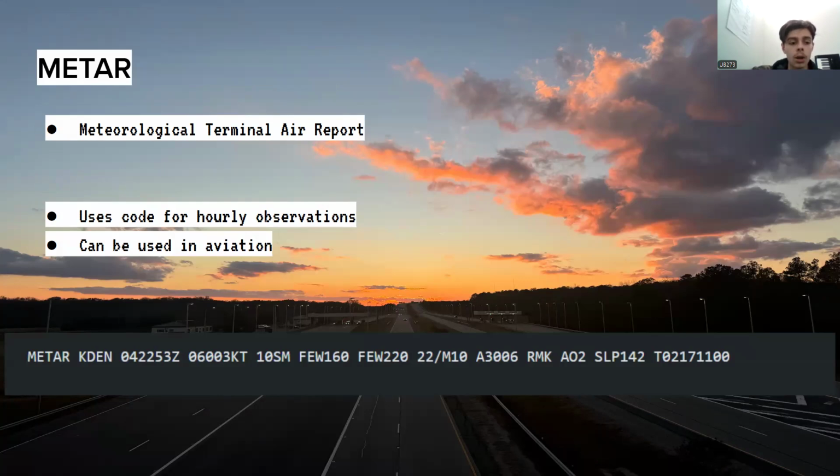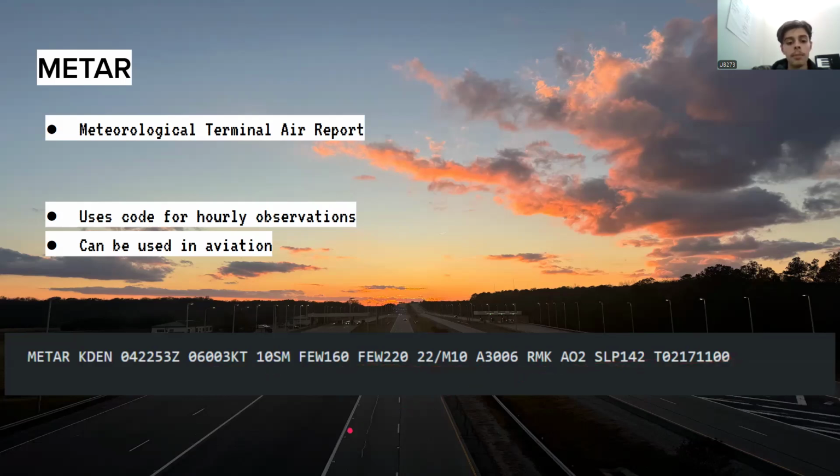We have METAR, which stands for Meteorological Terminal Air Report. Basically, we're using code to identify the conditions that we have. It's very commonly used in aviation, and this is what it would look like, but all of these different items indicate different pieces of information.